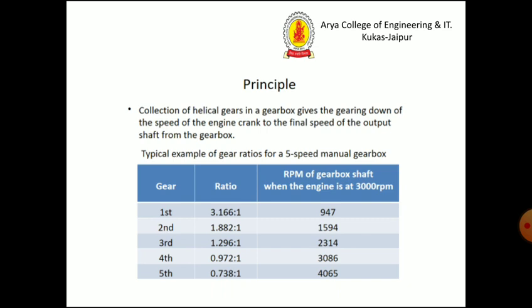In third gear, 1.296 to 1. In fourth, 0.972 to 1. And in fifth, 0.7382 to 1. When the engine speed is 3000 RPM, the gear output RPMs according to the gear ratios are mentioned in the table.